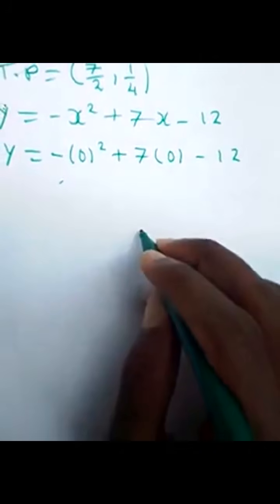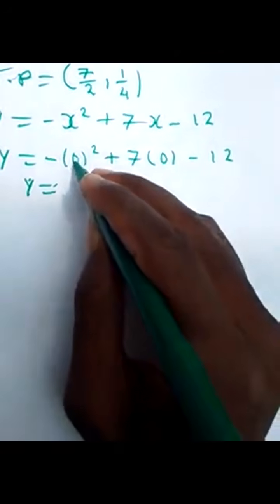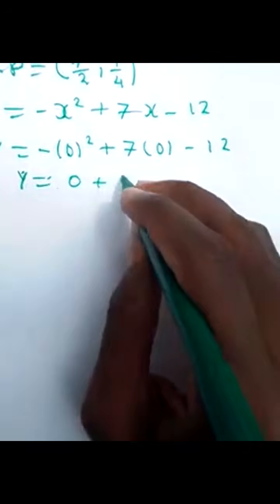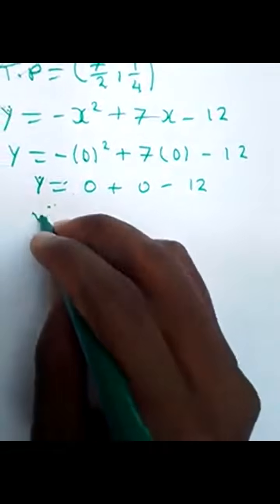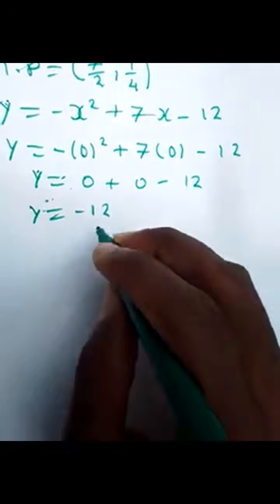Then y is equal to 0, 0, minus 12. This is how you find the y-intercept. Just get the initial equation and put 0 for x. Okay? Alright, does it make sense to you? Yeah, so y is equal to negative 12. So this is my y-intercept.